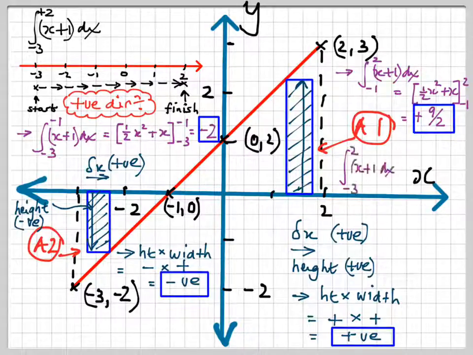That's what I was trying to explain to you. So that last little bit there in the purple, going from one extreme to the other, is going to get you 9/2 minus 2, which is 5/2.